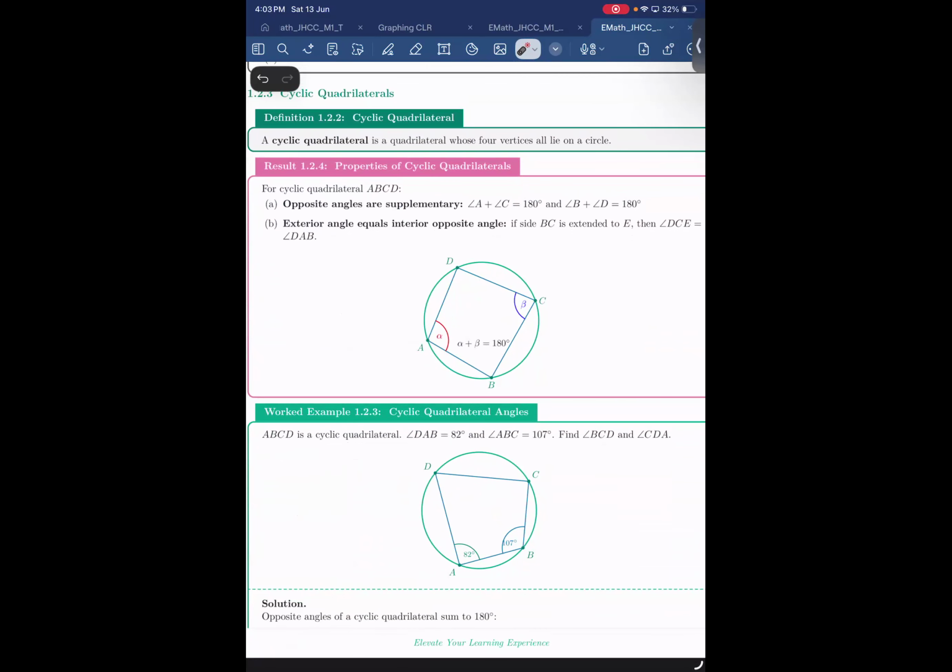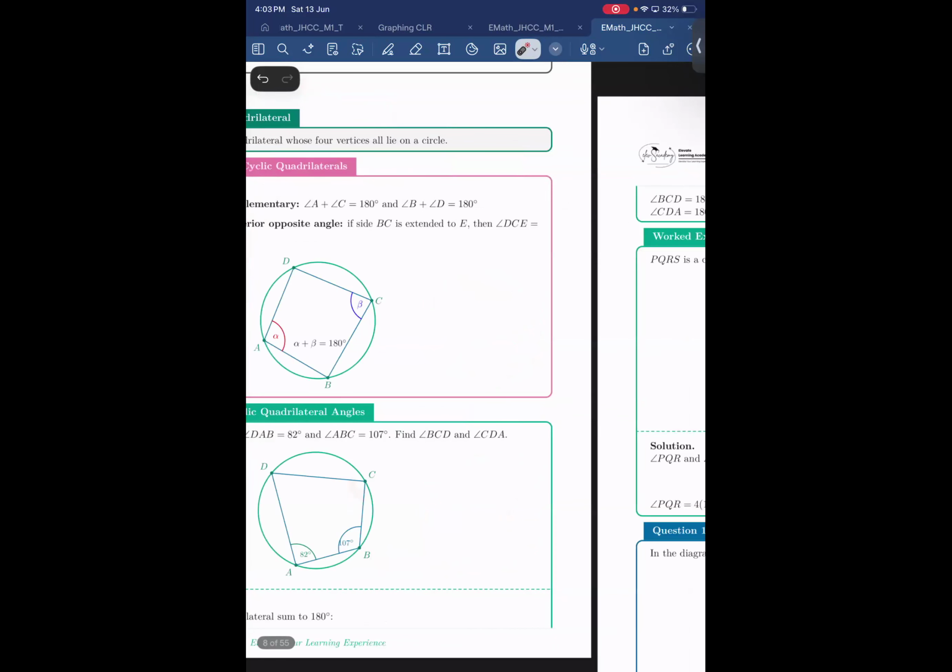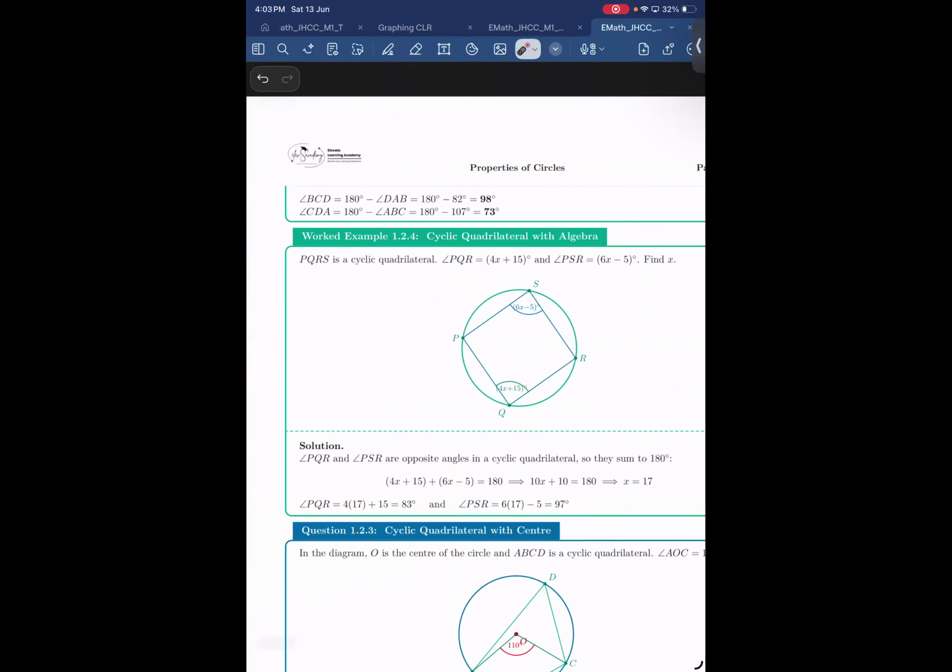A very easy example. ABCD is a cyclic quadrilateral. DAB is 82 degrees and ABC is 107 degrees. Find BCD and CDA. BCD is this one. We can use the cyclic quadrilateral: 82 degrees plus this angle must be 180 degrees. So angle BCD is 180 minus 82, which is 98 degrees.